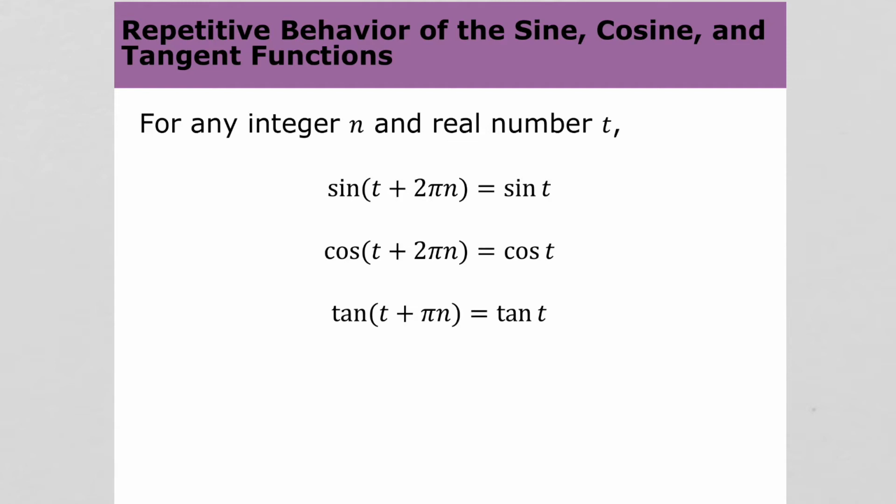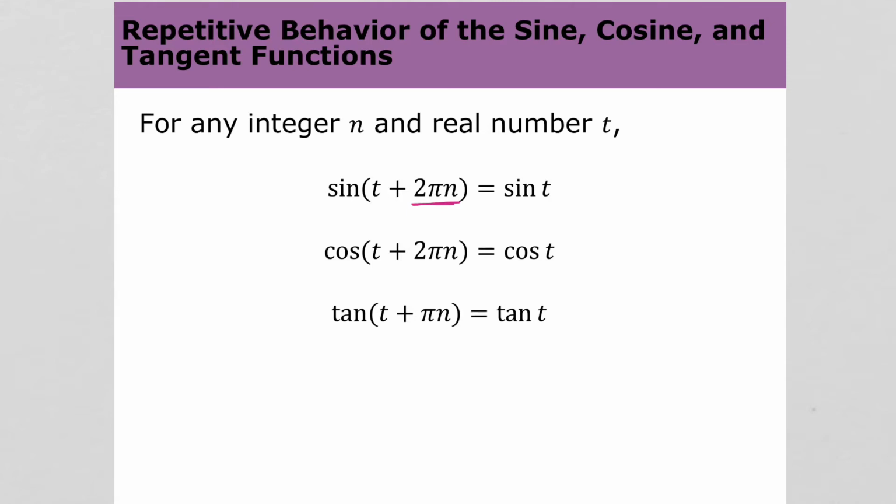We say that because these are periodic, they are repetitive. So this is the same deal. Sine and cosine are 2 pi. Tangent is pi. And the n's in there are just saying it can be any multiple. So we could plug in here a 2 pi or a 4 pi, making n 2.